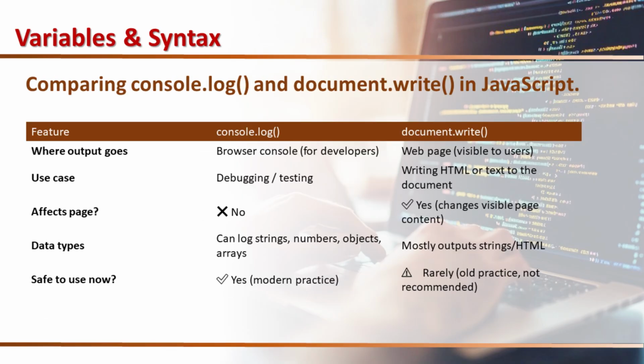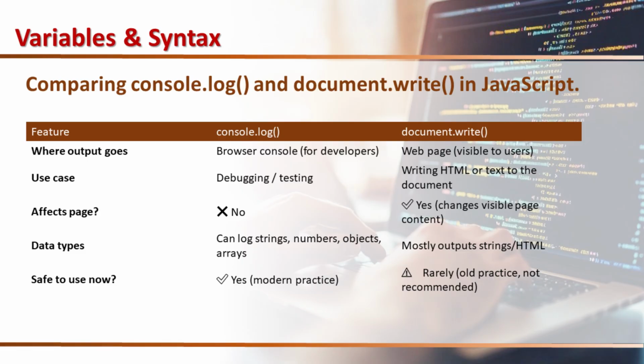Let us observe the difference between console.log and document.write in JavaScript. The output of console.log goes to the Browser Console, which is mainly for developers, while document.write outputs directly to the web page, making it visible to users. Console.log is primarily used for debugging and testing, whereas document.write is used to write HTML or text to the document.